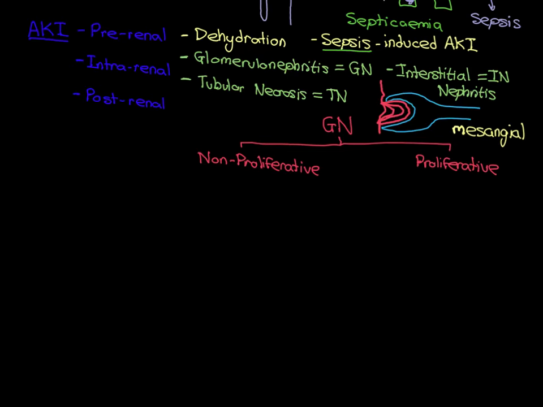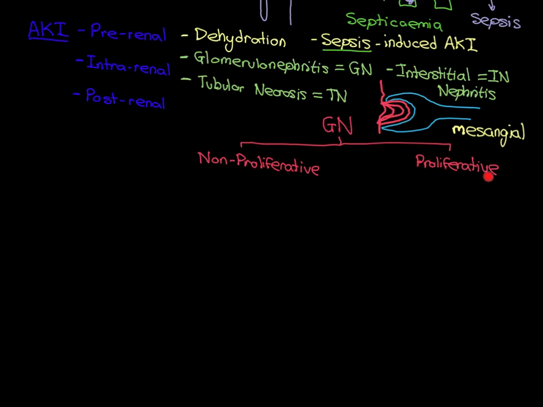In non-proliferative glomerulonephritis, which is more mild glomerulonephritis, you just get the protein component coming in, but you have not got more cells present. There aren't more cells present in the mesangium and in the Bowman's capsule, so white blood cells have not come in, and that's why we call it non-proliferative, because the number of cells has not gone up. So no white blood cells in this case.